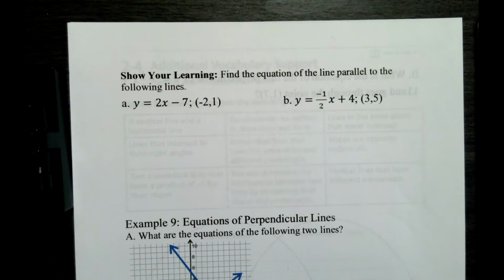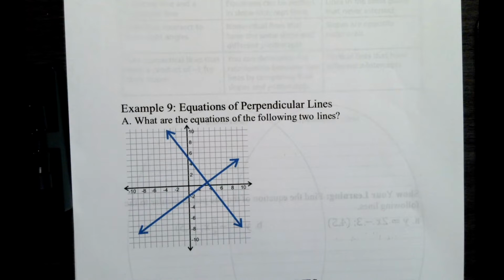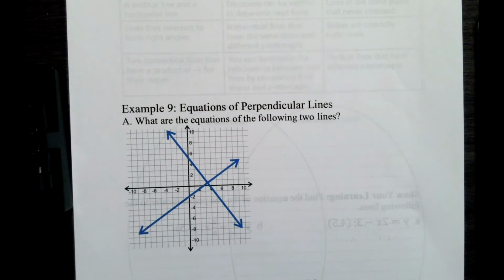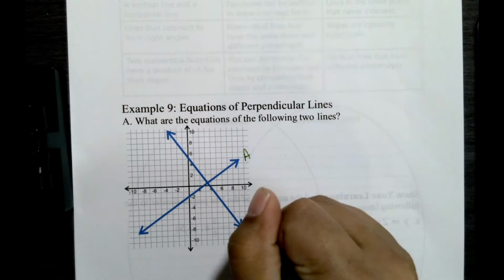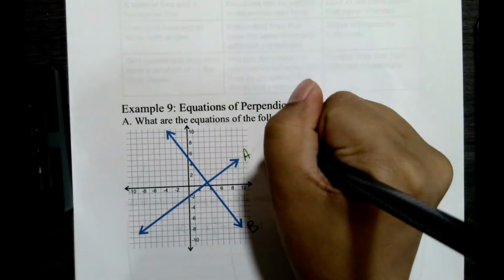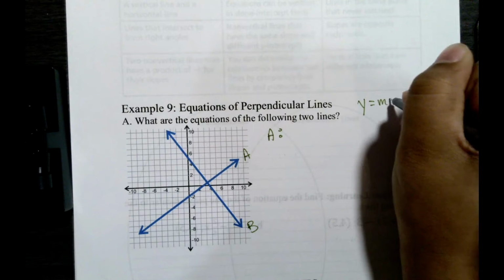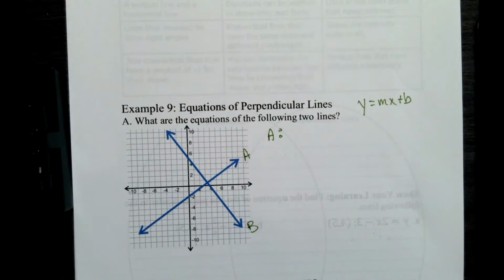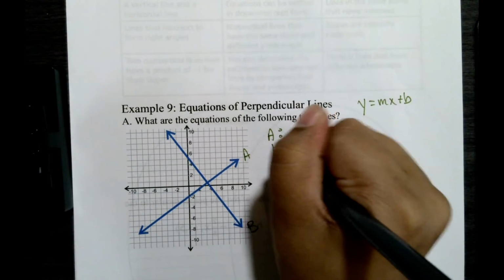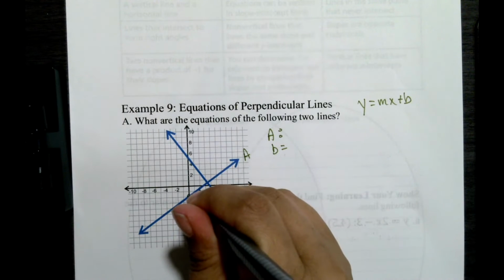Let's talk about perpendicular lines. So let's label our lines. Let's label this one A and this one B. Then for A, remember, we want our lines to be in the form y equals mx plus b. Our b is where it touches the y-axis, so it touches it at -2. Pretty easy to find. Our m is rise over run.